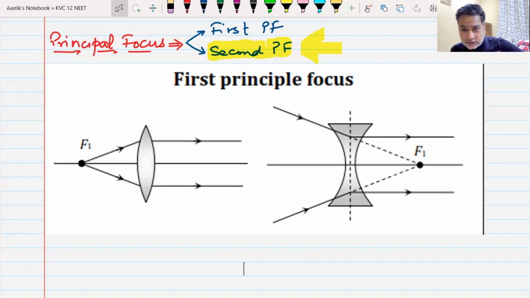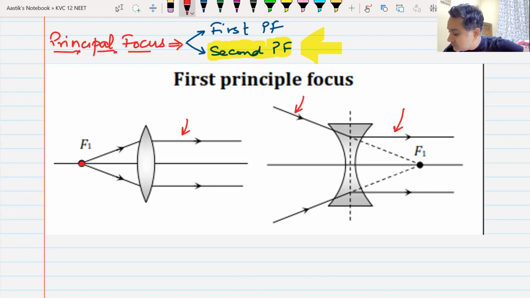A ray of light which passes through the focus, after refraction becomes parallel to the principal axis in case of convex lens. In case of concave lens, a ray of light which is appearing to go towards focus, after refraction becomes parallel.